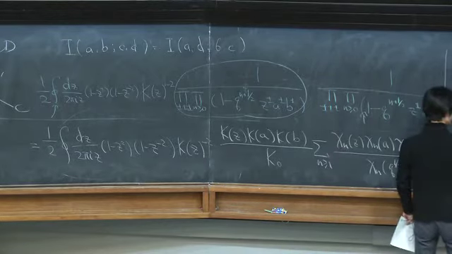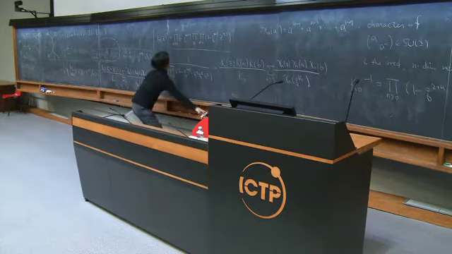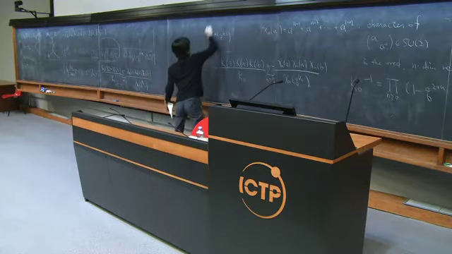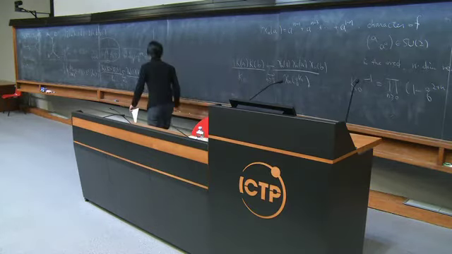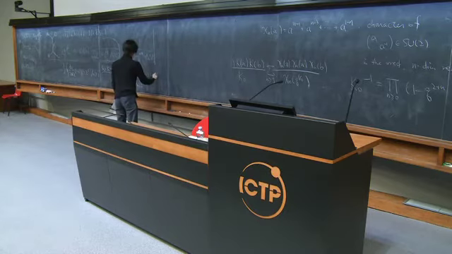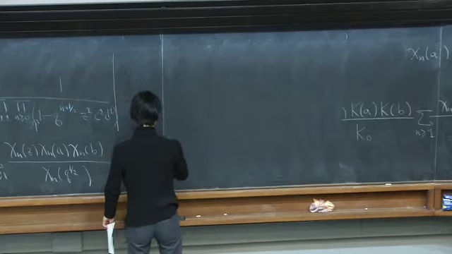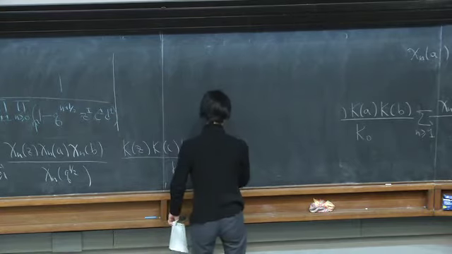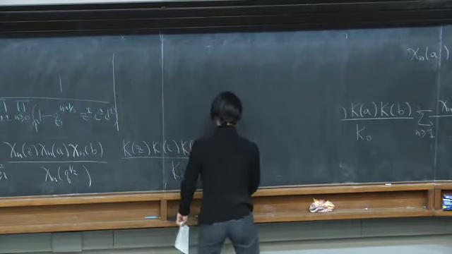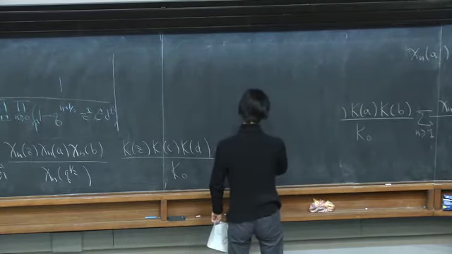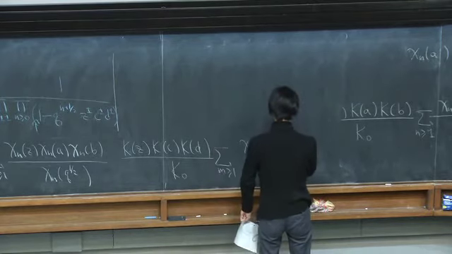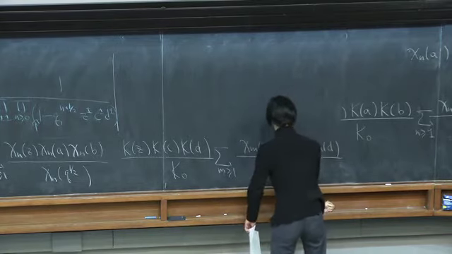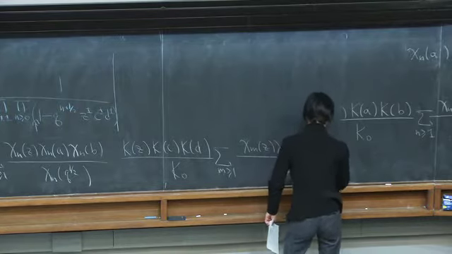And again, yeah, this is horribly complicated, but you just need to be patient. You have kz, kc, kd divided by k0, and summation over, let's use a different index m, which is over 1, of chi mz, chi mc, chi md, divided by chi m q to the 1/2.